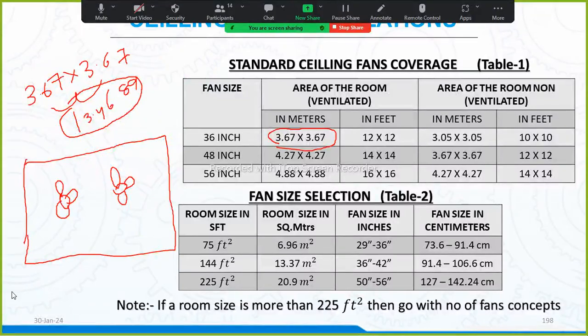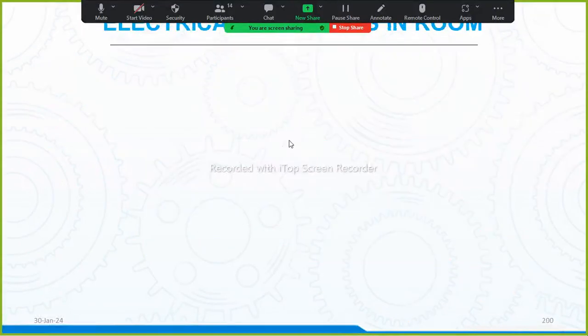Okay, now the next is, fans calculation we are done. Let me open a small Excel sheet for the exhaust fan calculation. Generally, we don't calculate exhaust fans, but I have a small Excel sheet.